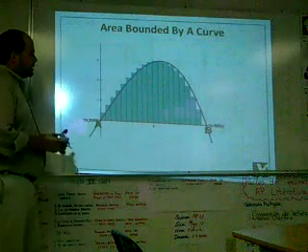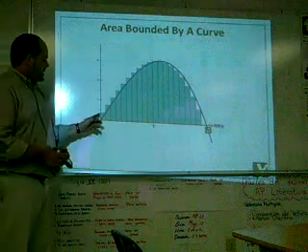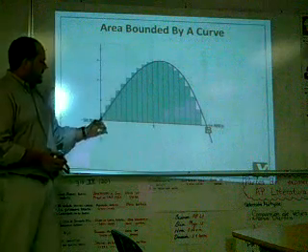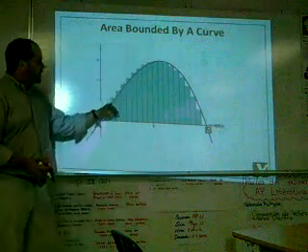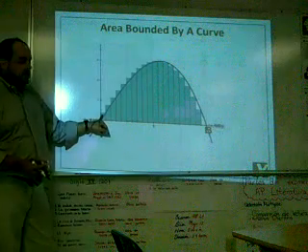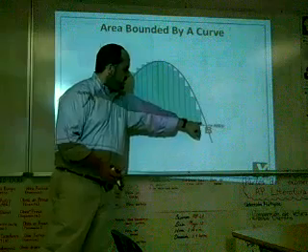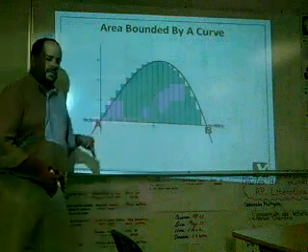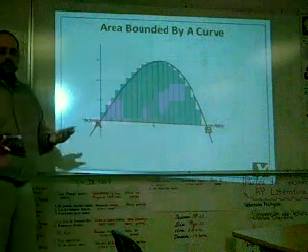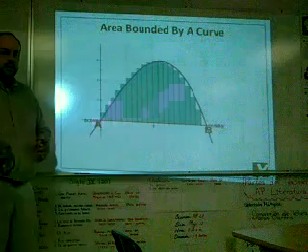Now the approximation in this case is going to have a mix of an overestimate on this side, where the rectangles are extending above the curve, and over here an underestimate, because some of this white area is not being captured. We add all of those up to get an approximation.